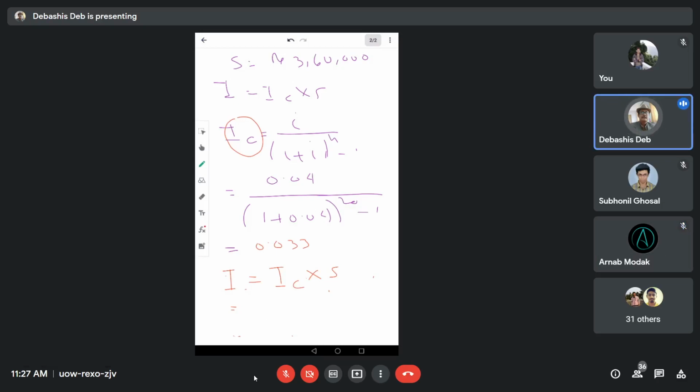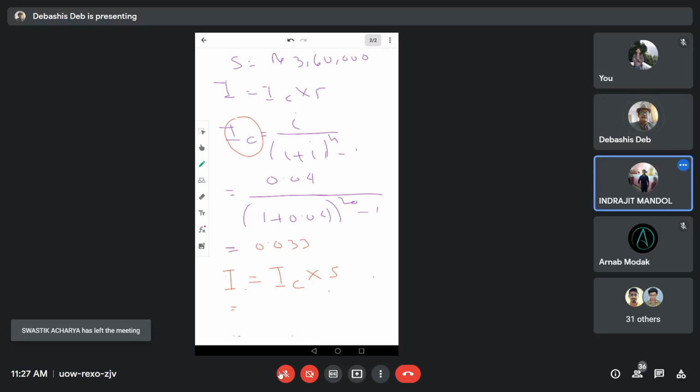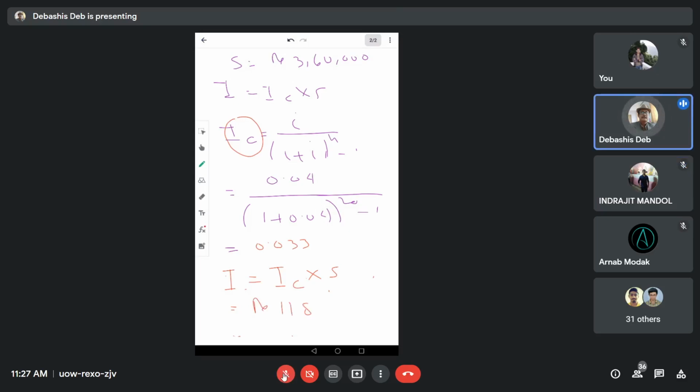What is the value? Tell me. Sir, 11,880. 11,880. Okay. So this is the answer. This is the annual installment of sinking fund.